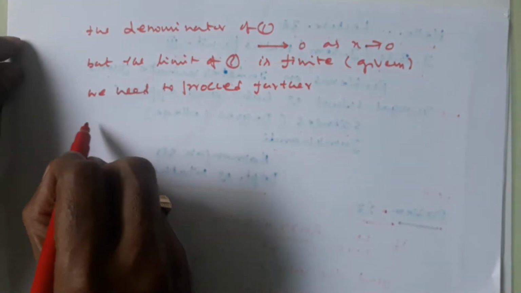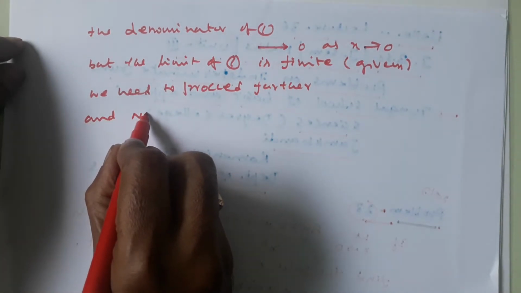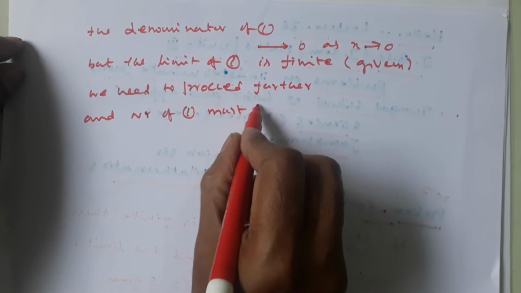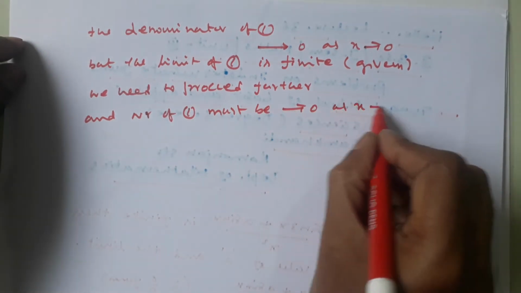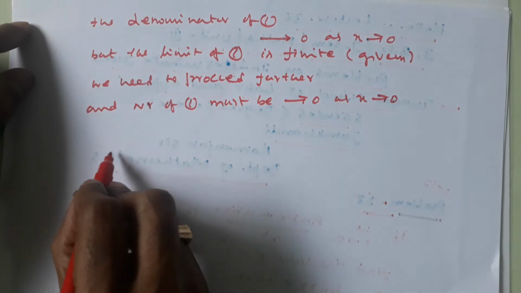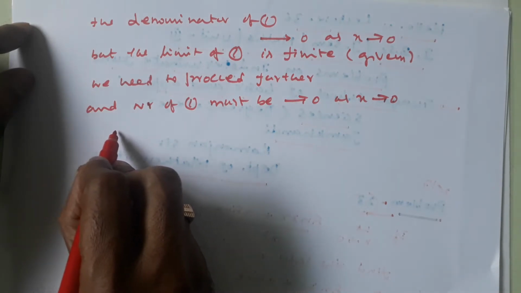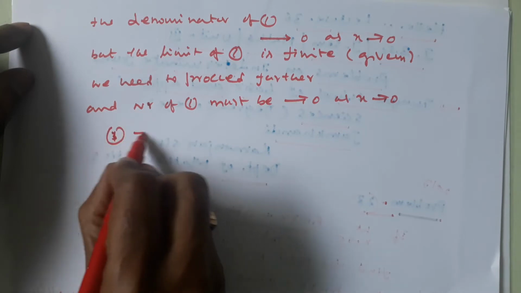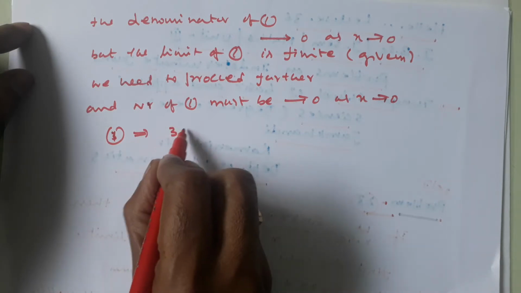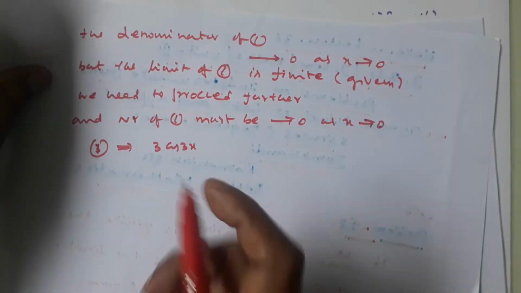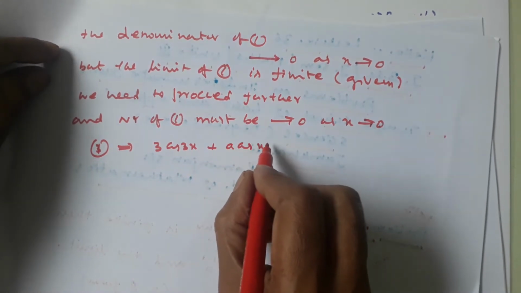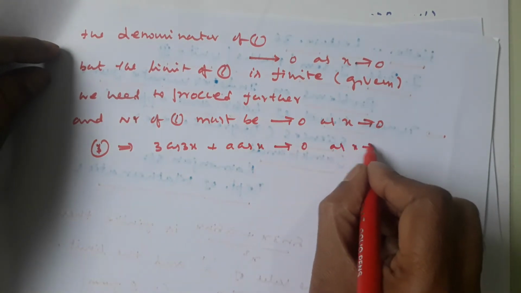The numerator of equation 1 must tend to 0 as x tends to 0, so that only we can go for L'Hospital. So 3 cos 3x plus a cos x tends to 0 as x tends to 0.